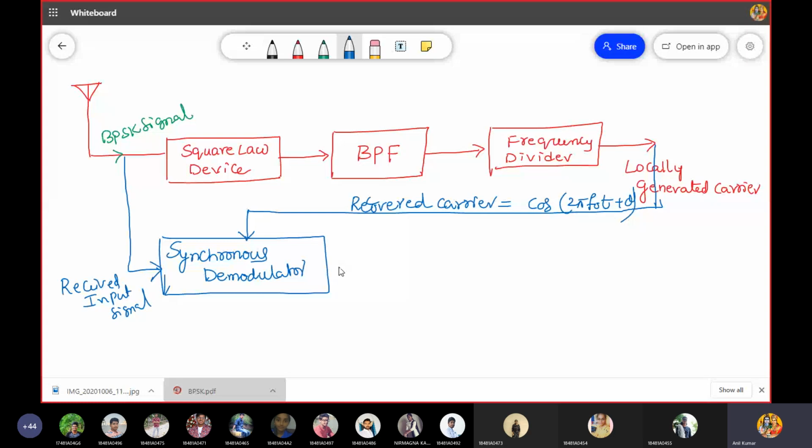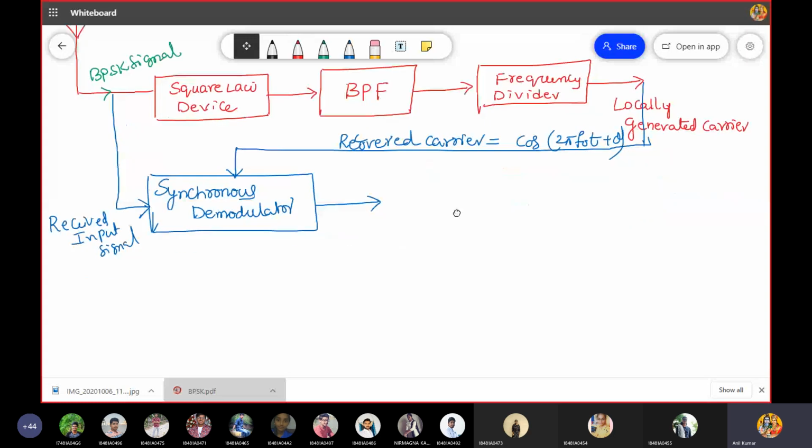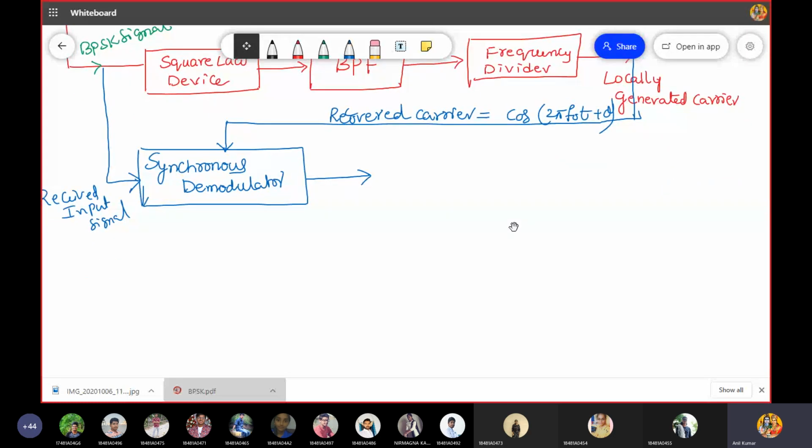Okay, so what is the function of the synchronous demodulator? It multiplies the two things. So what is the output of the synchronous demodulator? Anybody please tell me. It performs simply the multiplication operation, so this is also called a multiplier.